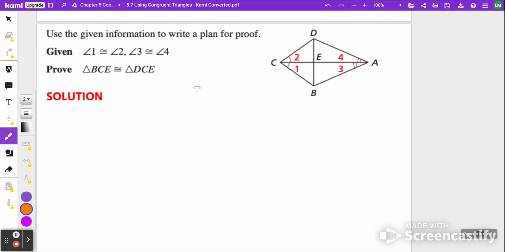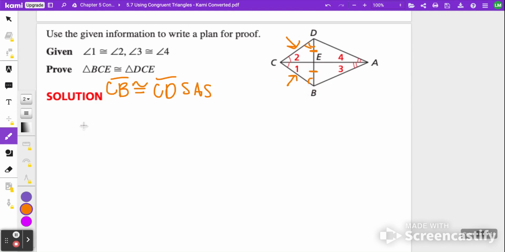Before we start any of this, it might be helpful to prove that side CB is congruent to side CD so that we can use side angle side, because we have these sides match and we know that DE would match BE. And we know that this angle here matches, so those are across from one another. So we need to be able to prove, can CB match DC, so that we can use the side angle side theorem.